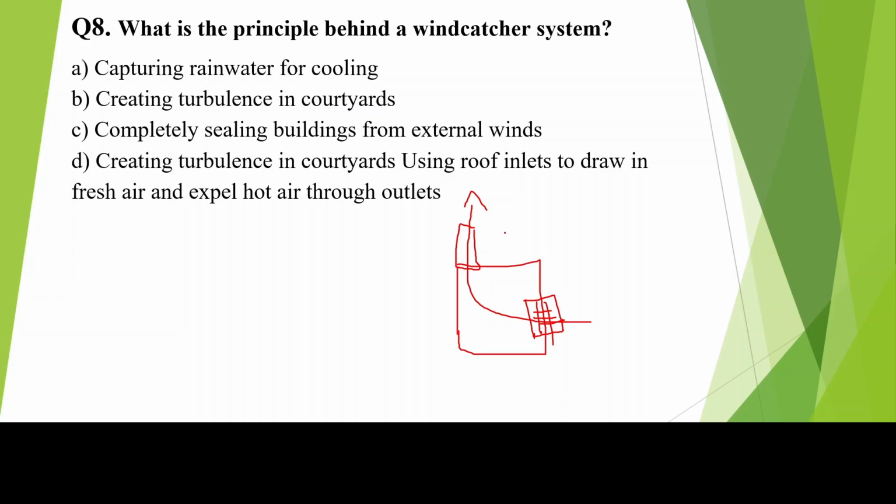From the figure that has been drawn in front of you, through this also you can answer and understand the beauty of the concept very well. This is the wind catcher, and this is the window. This is airflow. This is your building.